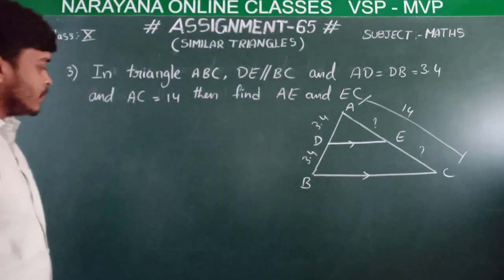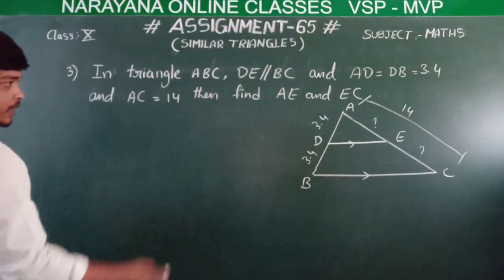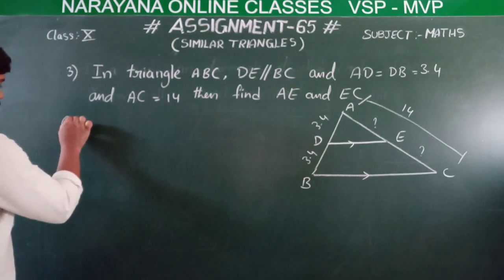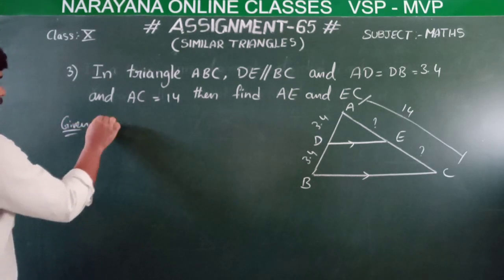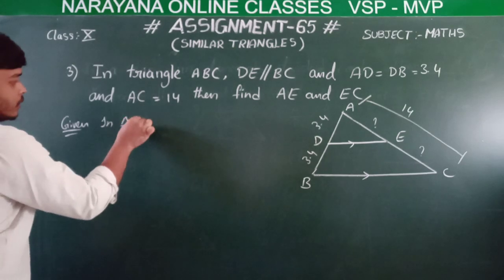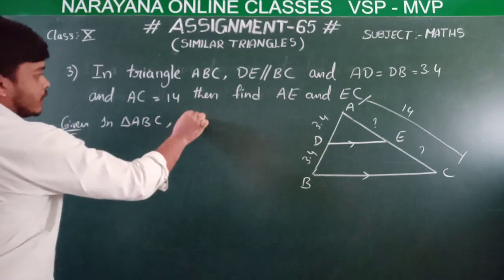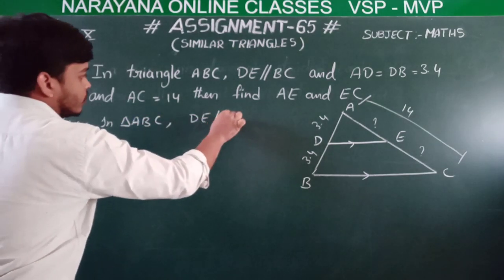From the figure we know what is given: in triangle ABC, DE is parallel to BC.